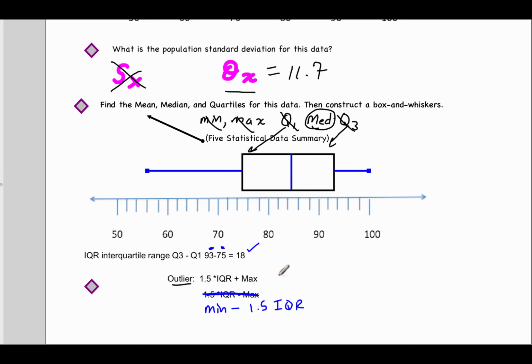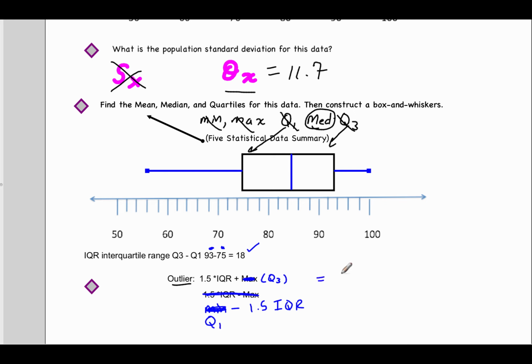That's what that's telling me. So now, my outliers, if they lie 1.5 beyond quartile 3, or if they lie 1.5 below quartile 1, they're outliers.